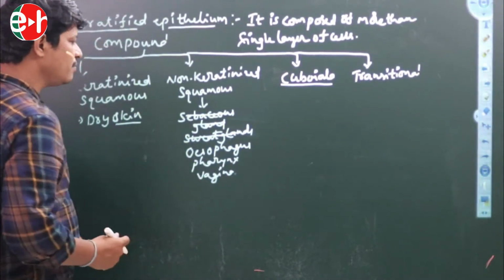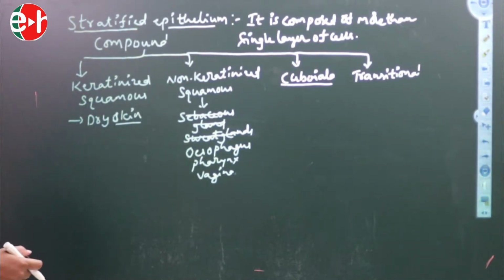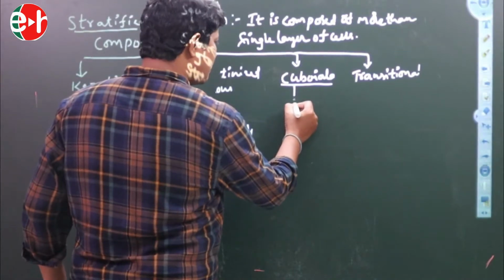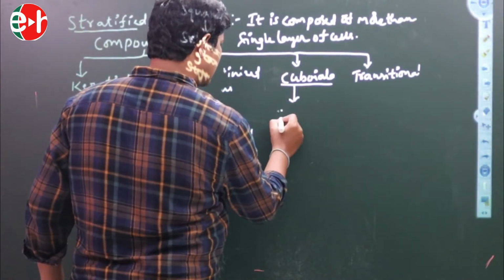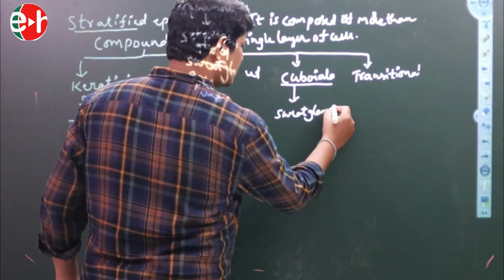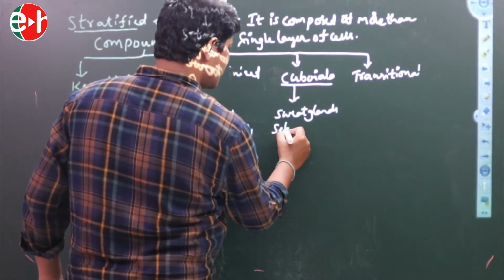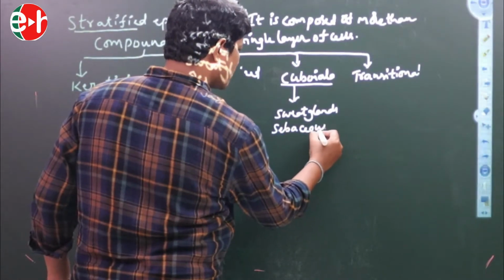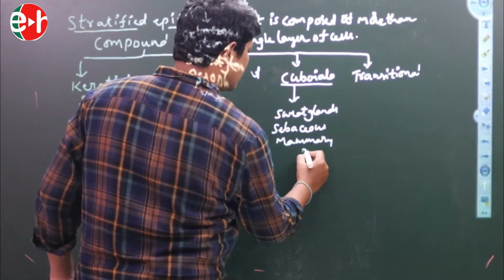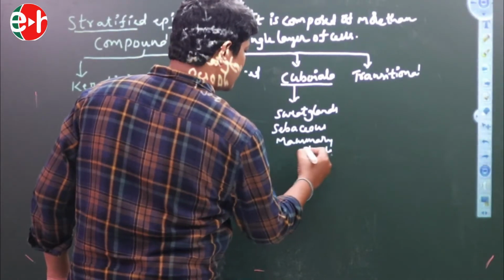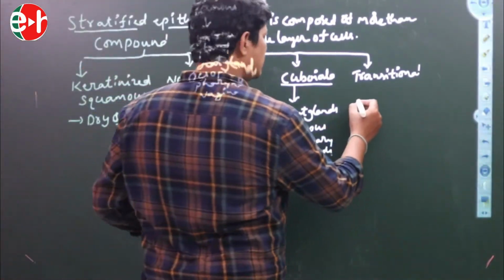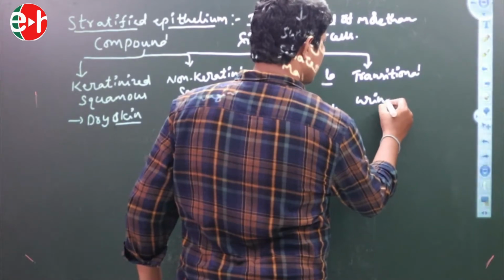These are the locations where non-keratinized squamous epithelium is found. The stratified cuboidal epithelium is located in sweat glands, sebaceous glands, and mammary glands. Finally, the transitional epithelium is located in the urinary bladder.